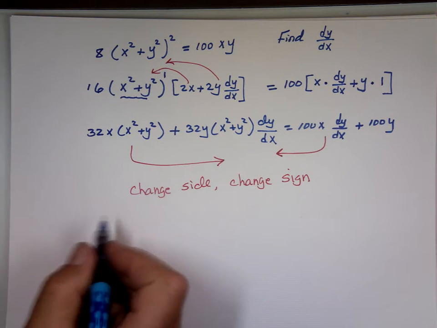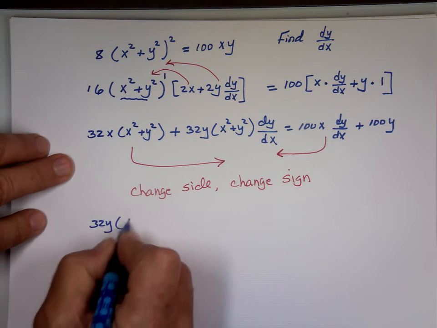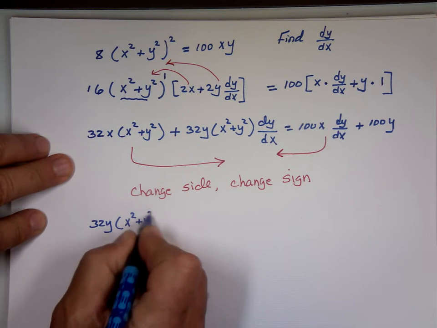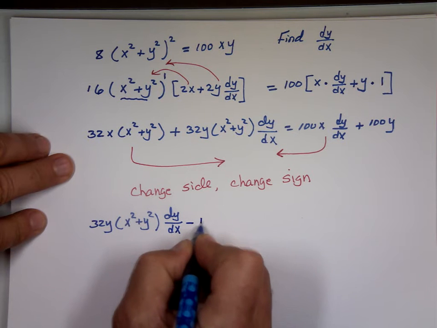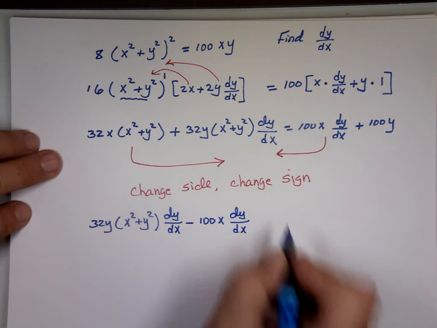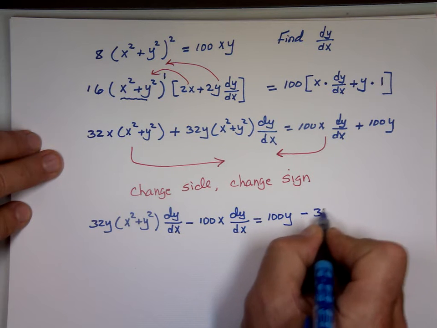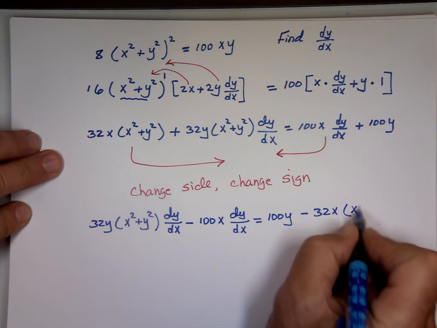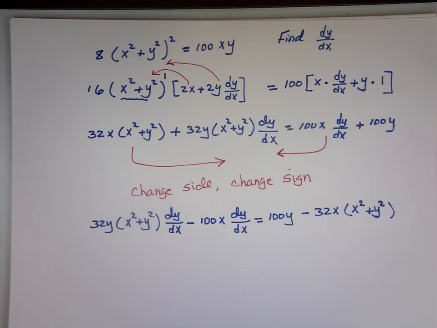So when I bring that to this side, it becomes negative. 32y times (x squared plus y squared) dy/dx minus 100x dy/dx equals 100y minus 32x times (x squared plus y squared). I can factor out dy/dx.